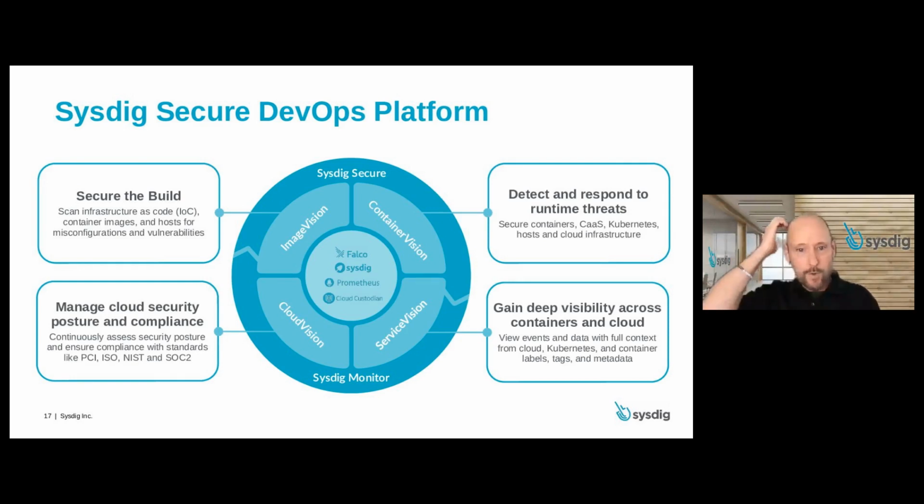Falco and Sysdig are both started by Sysdig. Falco is now a part of the CNCF, but we also leverage things like Prometheus and Cloud Custodian. And the goal here is to innovate quickly by leveraging community contributions and things like that. But Falco is a big piece of helping you detect and respond to what's happening while things are running. And that's something you can start with as an open source project.